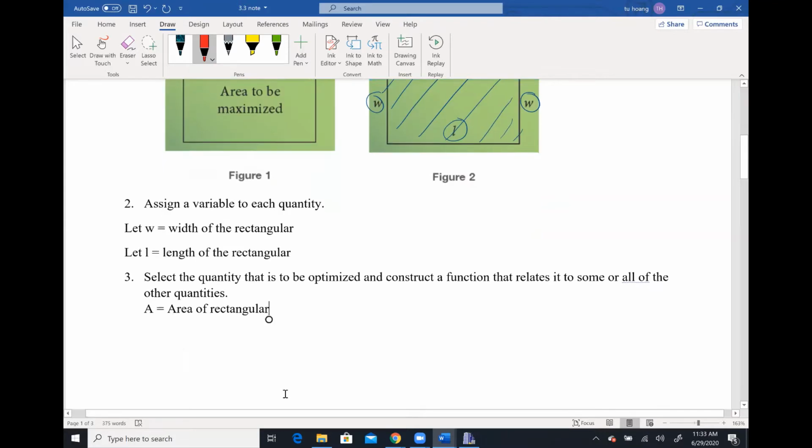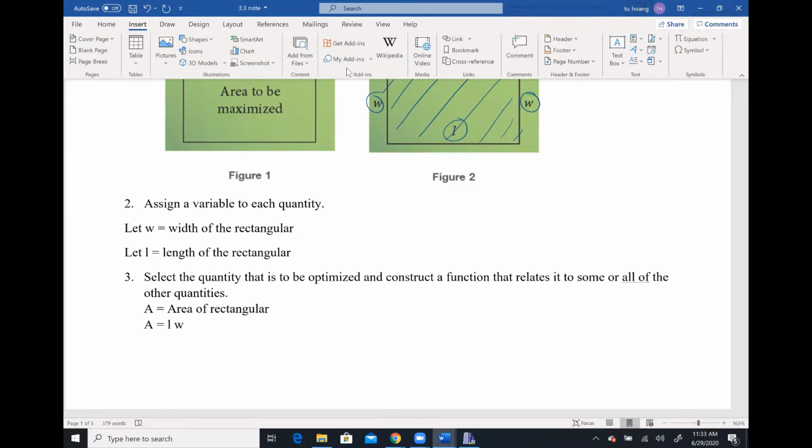Or the length times the width. So A equals length times width.